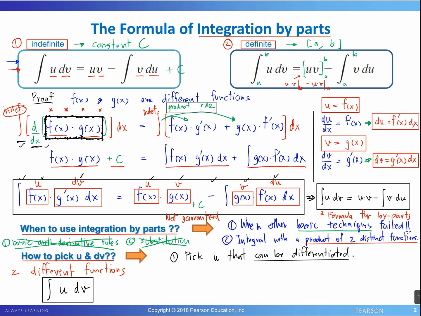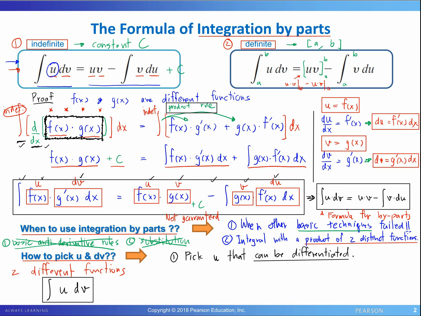So we start out with this integral of u dv. Notice that we have u inside this integral, right here. And somehow this integral is too hard to solve, so we decide to use by parts formula on the right-hand side. This one, u times v minus integral of v du.